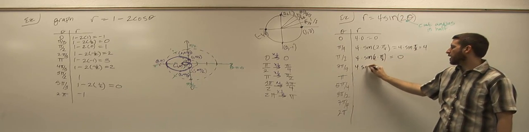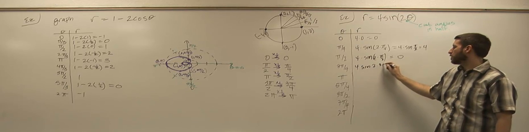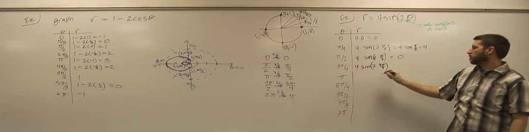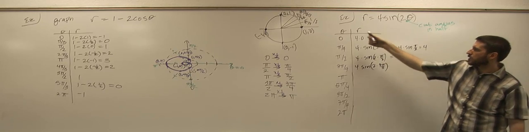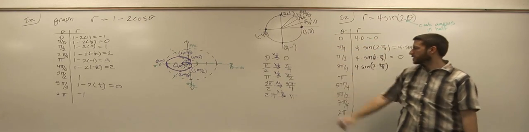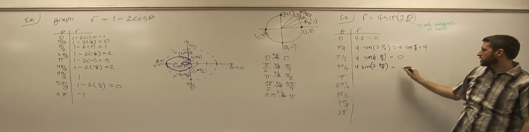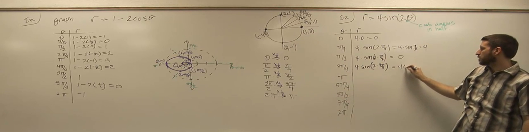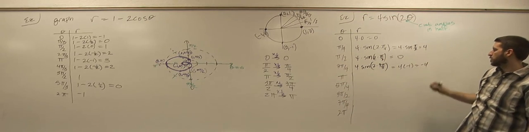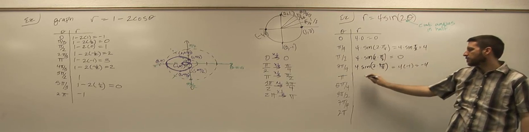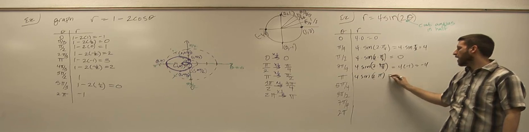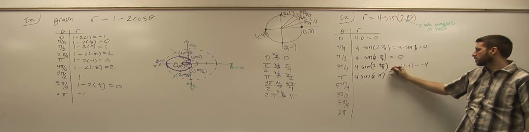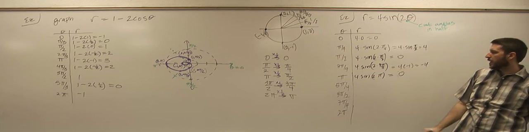When you plug in 3 pi over 4, 2 times 3 pi over 4 is 3 pi over 2. Sine of 3 pi over 2 is -1. Keep going. Plug in pi, sine of 2 pi is 0. You're seeing the pattern.